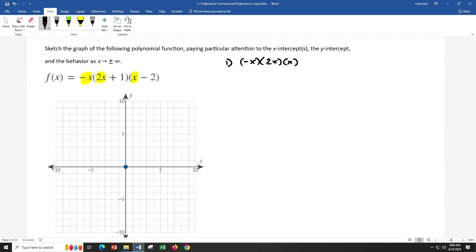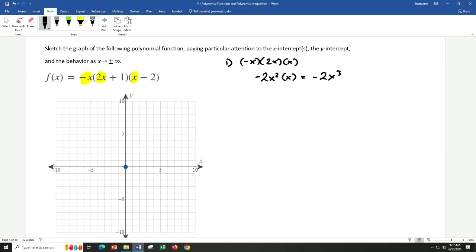Negative x times 2x is just going to give me what? Negative 2x squared. Times another x, what am I going to get? Negative 2x cubed. There's your leading coefficient, and there's the degree of the polynomial. So is my polynomial going up or down? Down. It's going to be flipped, right?